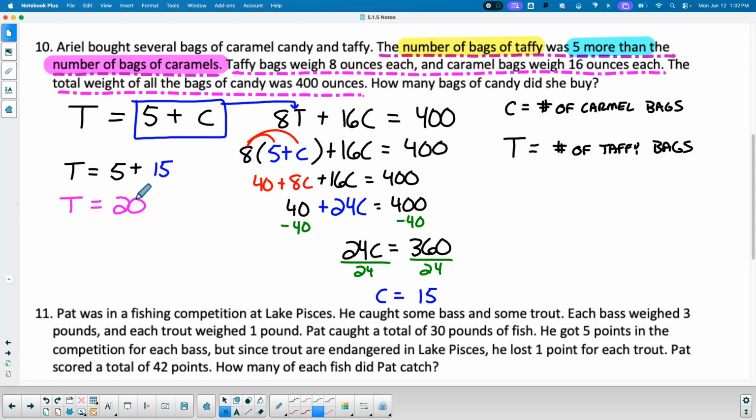Taffy bags was 5 more than caramel bags. Yes, because 20 is 5 more than 15. Taffy bags weigh 8 ounces each, so that would be 160, because 8 times 20 then is 160.